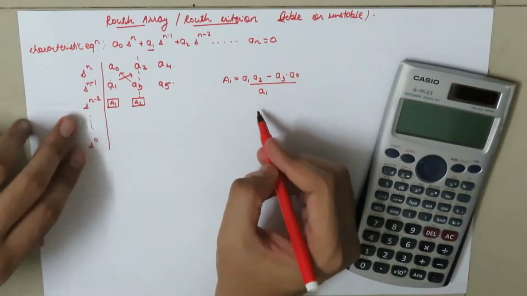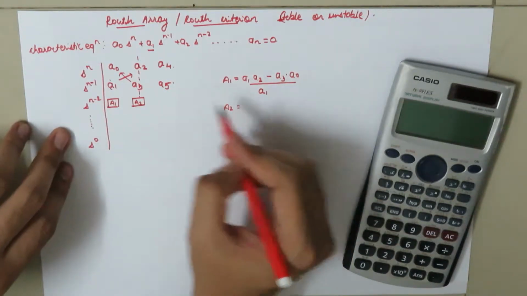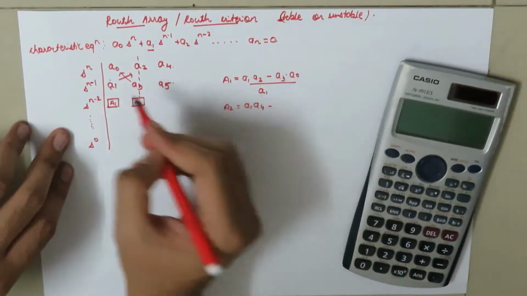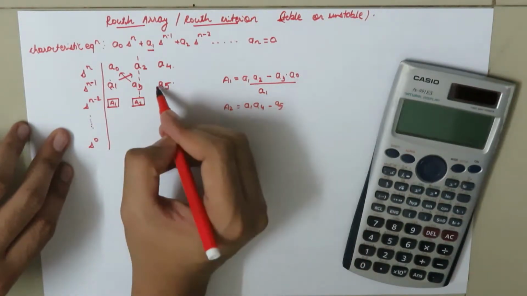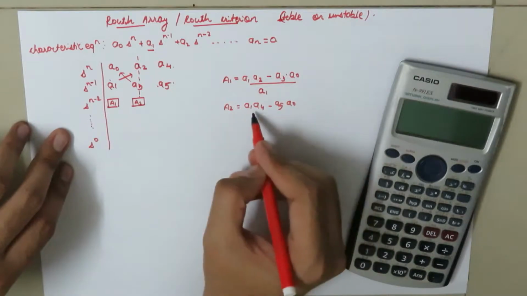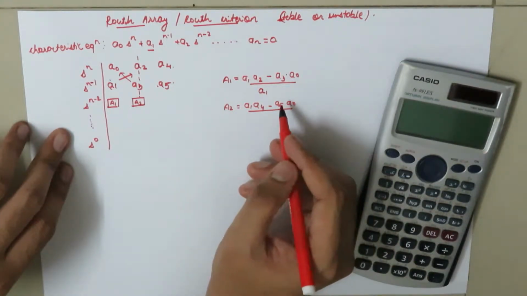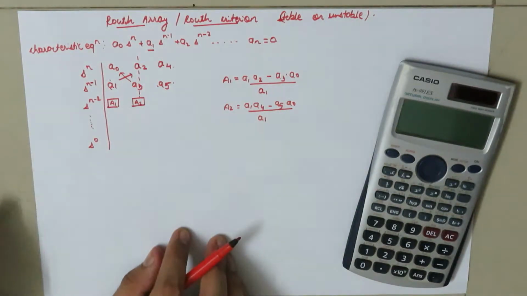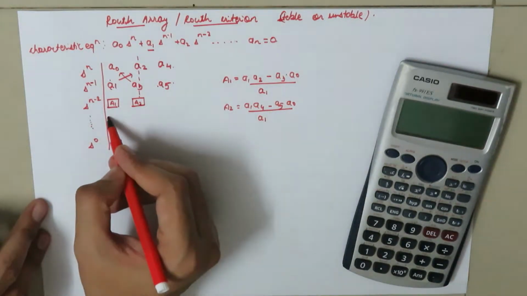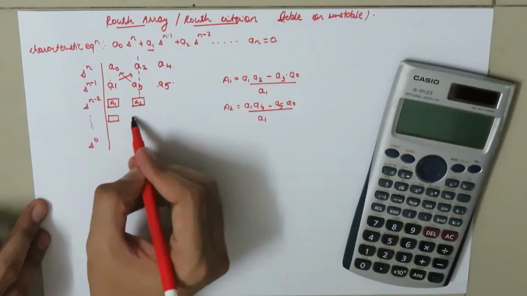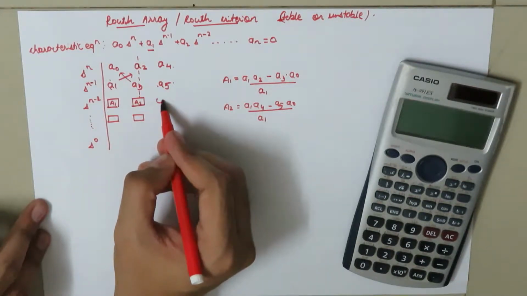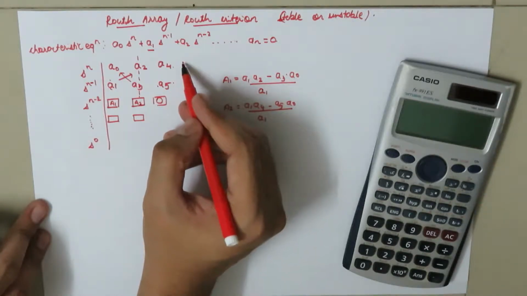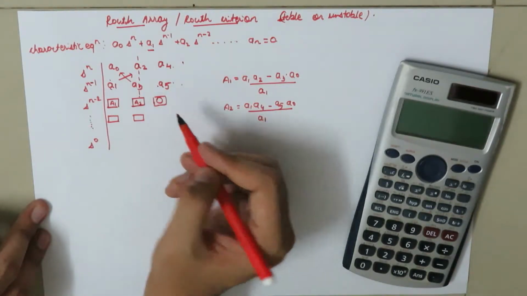So A2 is equal to a1 multiplied by a4 minus a5 multiplied by a naught, divided by a1. In very similar fashion we can find the rest of the elements in these rows, and of course here we get 0 because we don't have any numerical value in order to find this value.